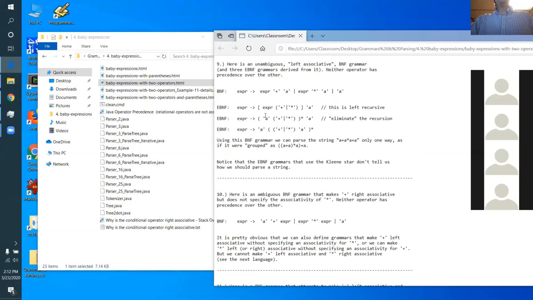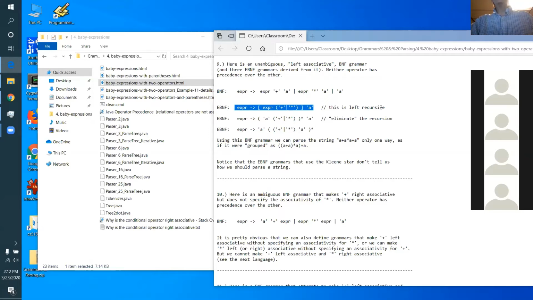Now the recursion's on the left, so it's left associative. If you rewrite it, you would write it this way: an optional expression with a plus or times after it, followed by an A. But this is really hard to program. This cannot be written as a recursive descent parser.